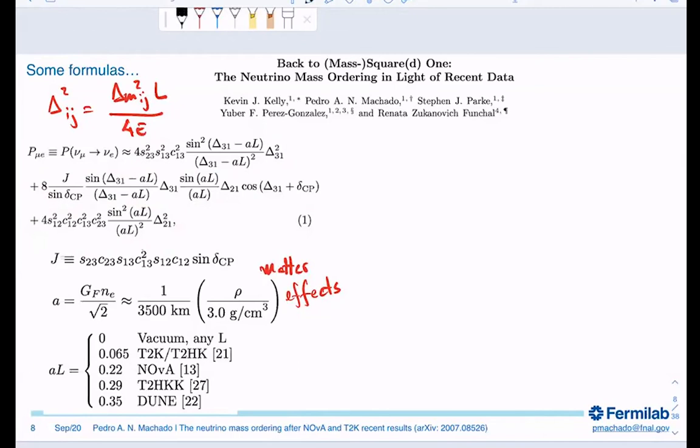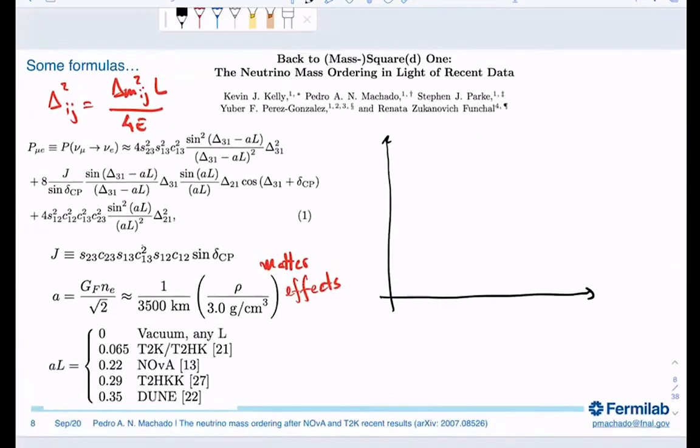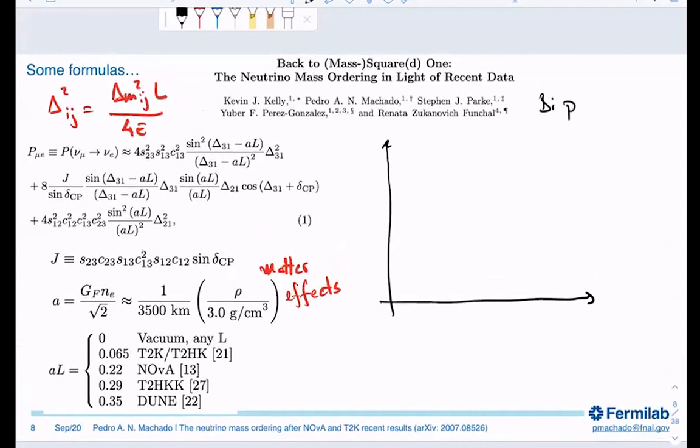To make this discussion a bit shorter, we can plot something very useful to understand these things, which is called a biprobability plot. Usually in these plots, you fix an experiment, you fix an energy, and you plot on one axis the nu to nu_e probability, and on the other the nu bar to nu_e bar probability.